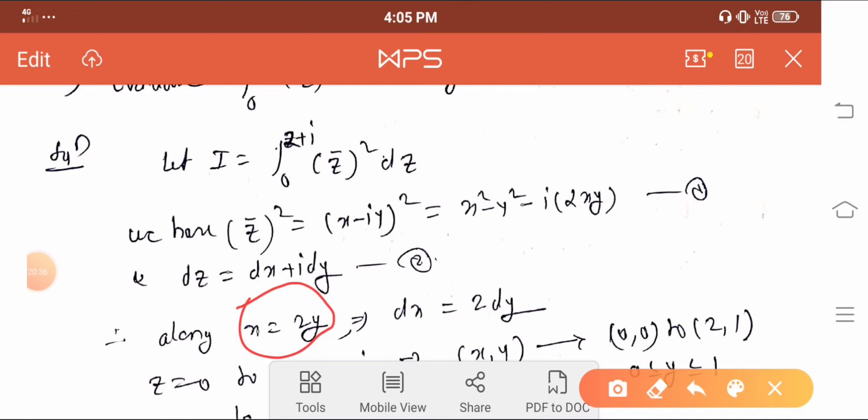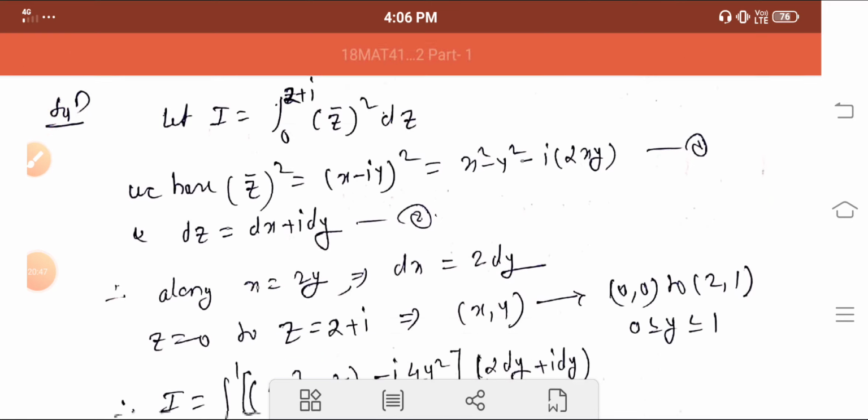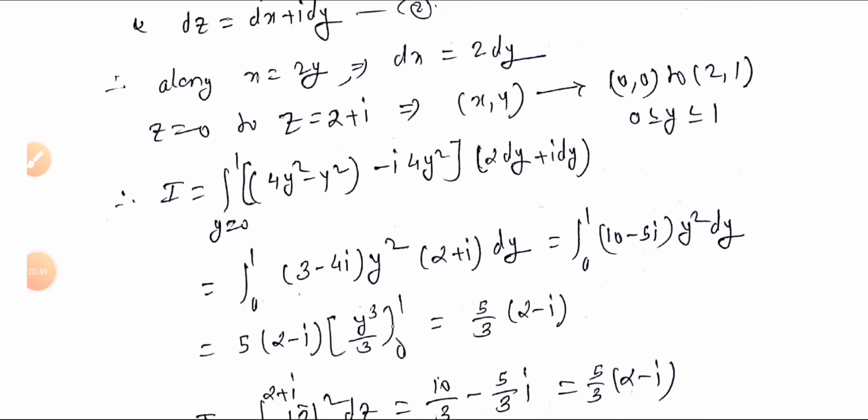Because we have substituted x equal to 2y, the integral should be in terms of y, so dx equal to 2 dy, and the range should be the y range, that is 0 to 1. Therefore I equals the integral from y equal to 0 to 1 of 4y square minus y square minus i times the bracket 2 times 2y times y, that is 4y square, into the bracket 2 dy plus i dy.